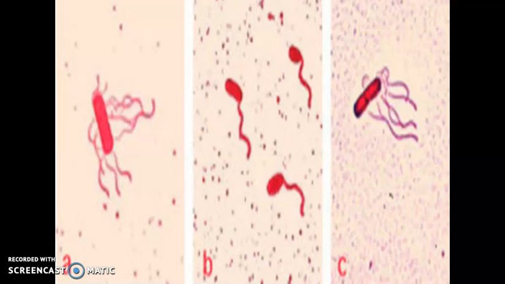So this is the microscopic appearance of the flagella. In the first picture we can see the arrangement of the flagella. This is peritrichous flagella, in which the flagella are arranged throughout the body of the bacteria.